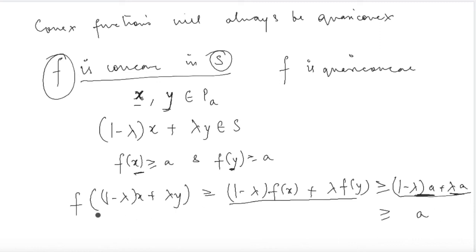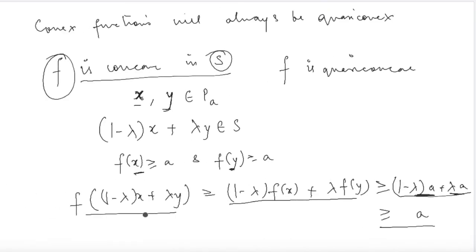Now when you combine this entire thing, if you combine the first term and the last term, then you say that f of (1 minus lambda)x plus lambda y turns out to be greater than or equal to a.